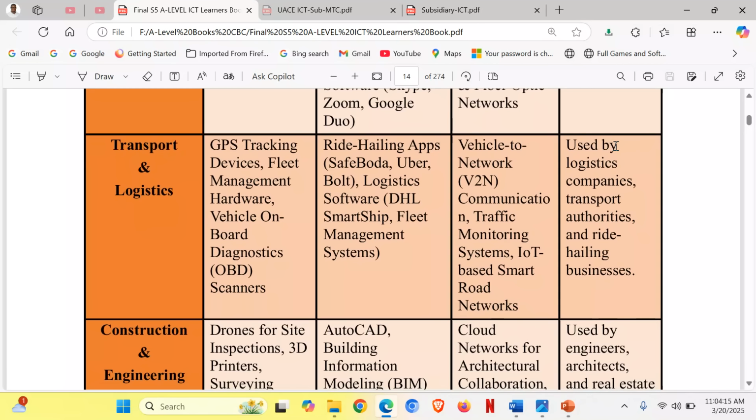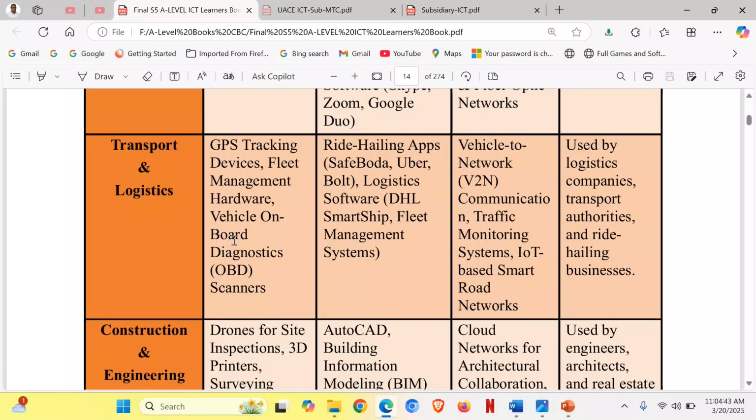Let's look at the transport and logistics sector. In the transport and logistics sector, we have GPS tracking devices, we have fleet management hardware, we have vehicle on-board diagnostics, that is OBD, and we have vehicle on-board diagnostic scanners, OBD scanners.